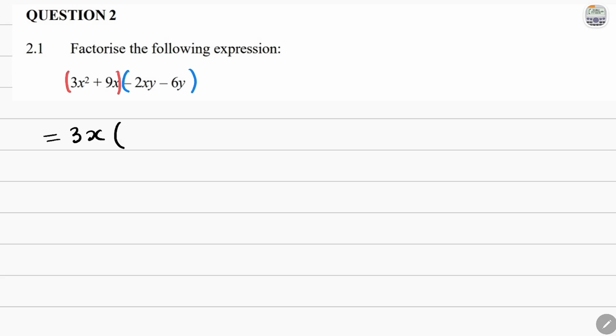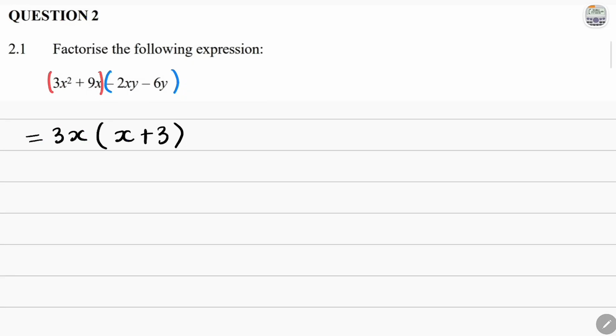And then when you open your bracket, what is left? What do you multiply to 3x to get back to 3x squared? You would multiply by x. And then what do you multiply to 3x to get back to 9x? You'd simply multiply by a positive 3. Okay. And now in the second term, what do we have in common? We have a negative 2, we have a negative 6. So there's a negative 2 first, and then a y and a y.